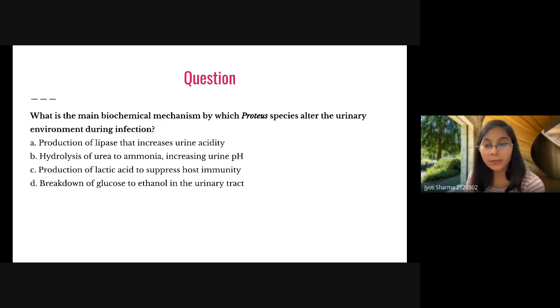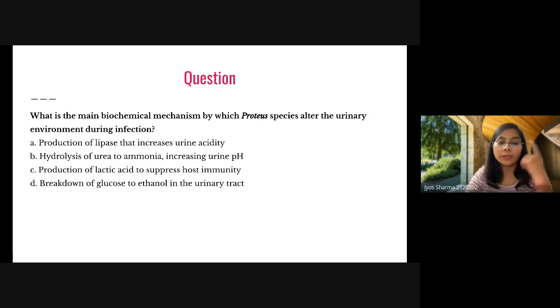So this is the one species that can disrupt the urinary environment, and that can cause the infection. And how can it cause the infection? You gave me B option, and yes, I agree with the B option, that it will do the hydrolysis of urea, so it will change urea to ammonia.